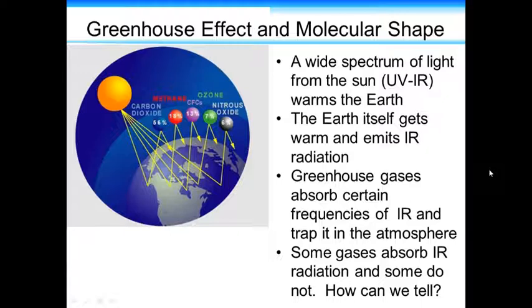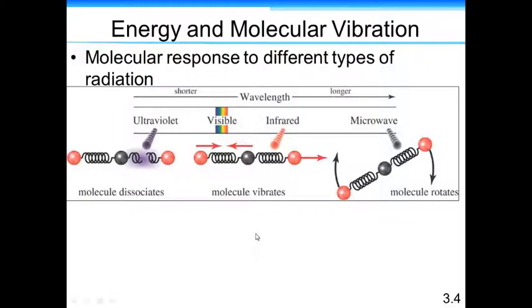But how do we tell whether or not a gas absorbs infrared radiation? Now, when you start talking about longer wavelengths of light, it won't break apart molecules, but instead cause them to vibrate.